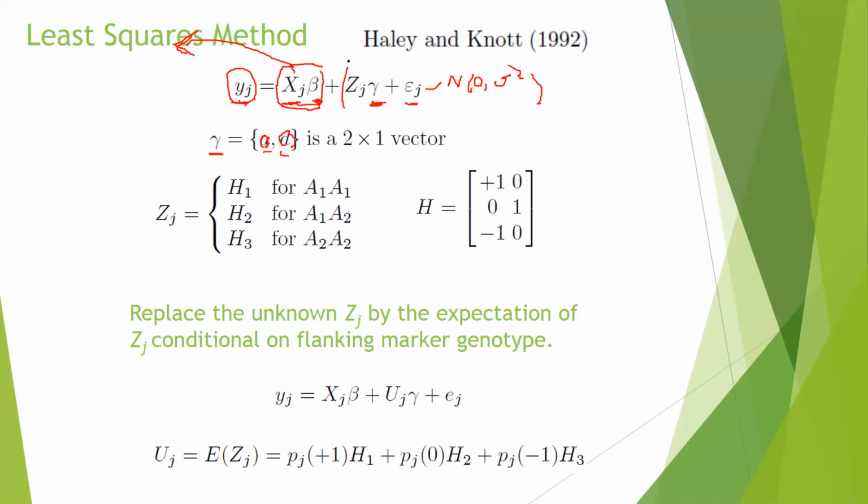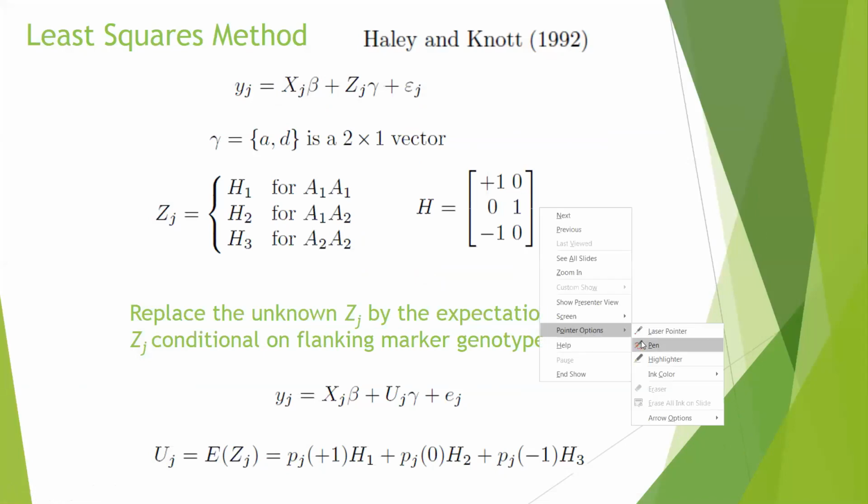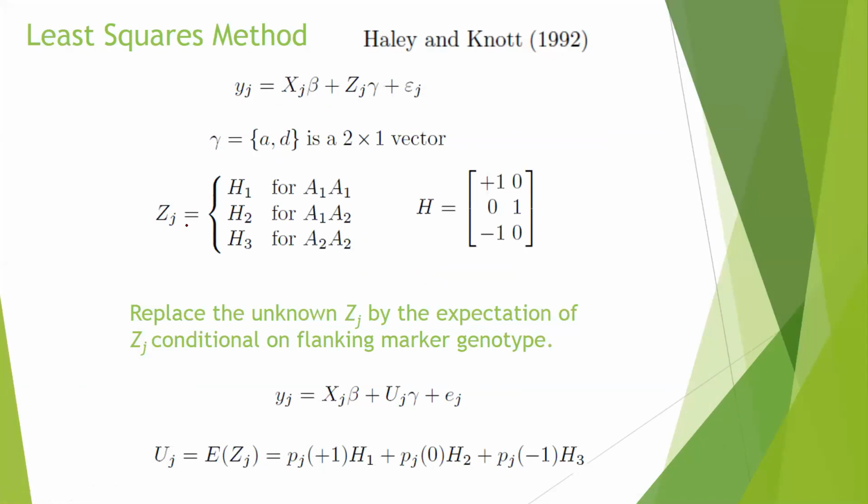Now z is the random variable that we can derive from the genotype data at any locus to represent the additive effects and the dominant effects. So z is a little bit different. We can use an H matrix to represent the z variable.